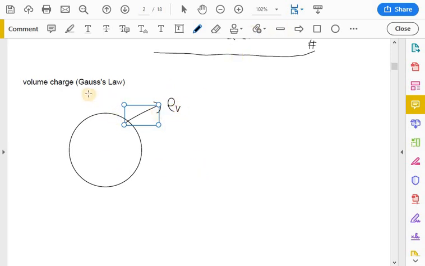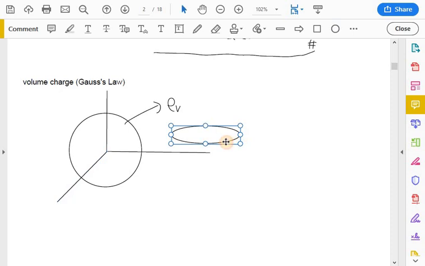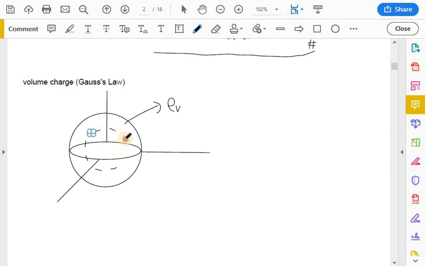Let me draw the coordinate system, it might be easier for you. So this is your sphere, given the rho v, and you have to find the electric field somewhere here. Any point here? It can be here, here, or here.